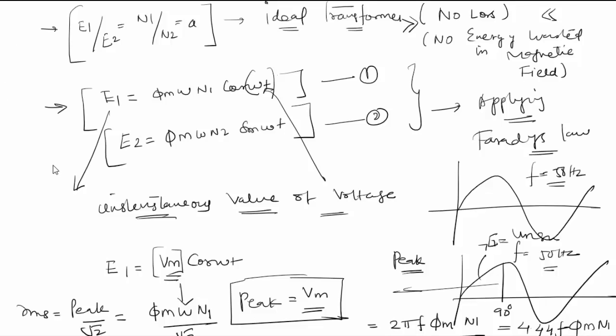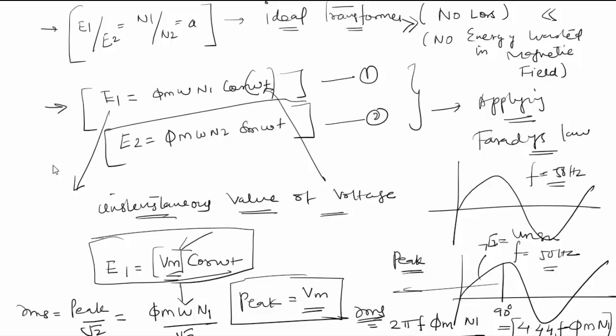So this is my RMS value of the induced voltage, the peak value is given by Vm, the instantaneous value of the induced voltage is given by E1 and E2, and this is the transformation or turns ratio.